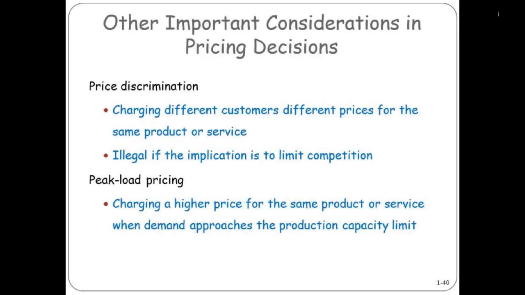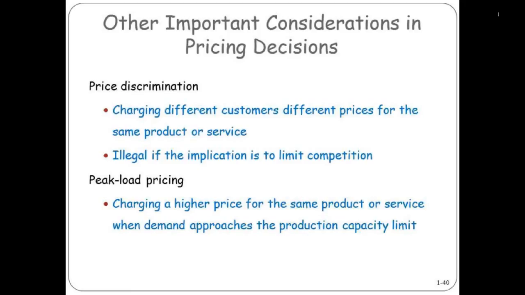Peak load pricing, changing your prices based upon how you're doing versus your capacity. If you're hitting capacity, you'll increase the price, right? Because if people want your product, they should be paying more because you're at capacity. In the supply and demand curve, supply is not meeting demand.